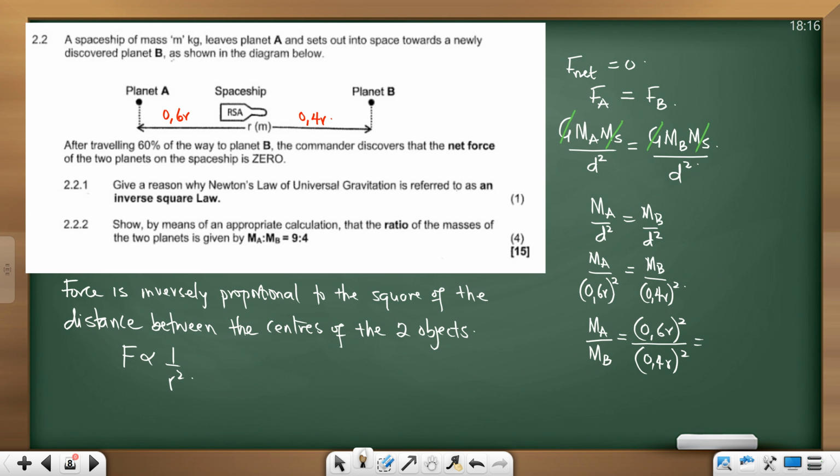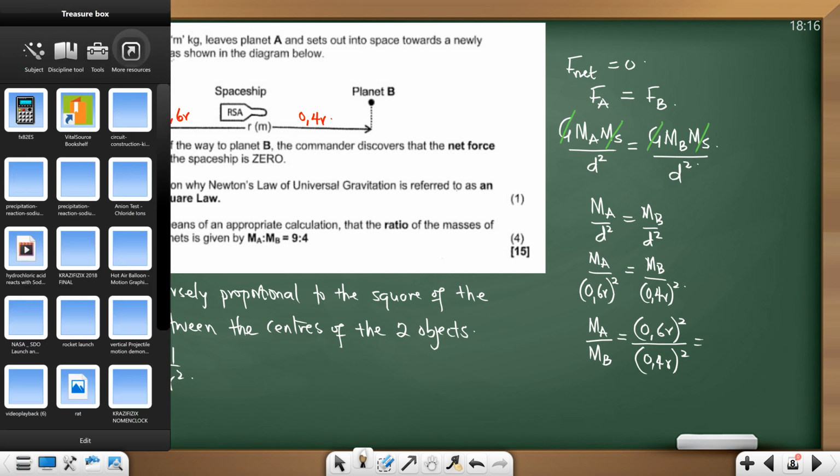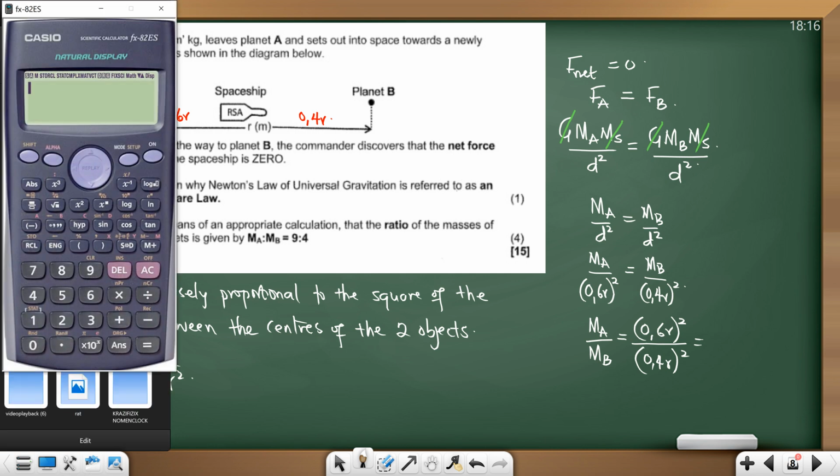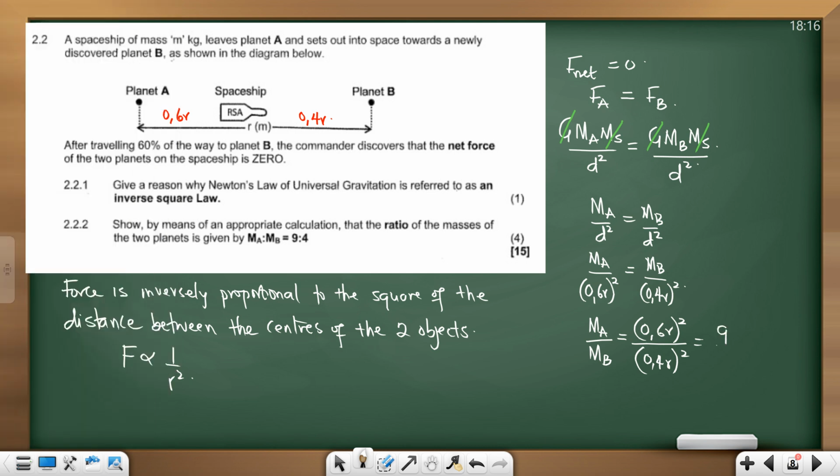The r's can go. What are we going to have? 0,6 squared divided by 0,4 squared. That will be 36 over 16. Let's just make it fast. Use a calculator. 0,6 squared over 0,4 squared. 9 over 4. Done. And that's it there. Easy peasy. All done.